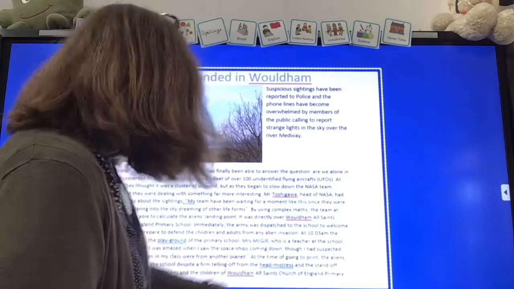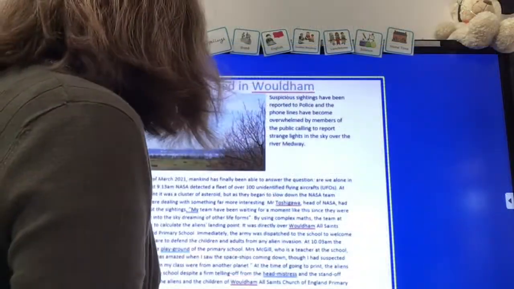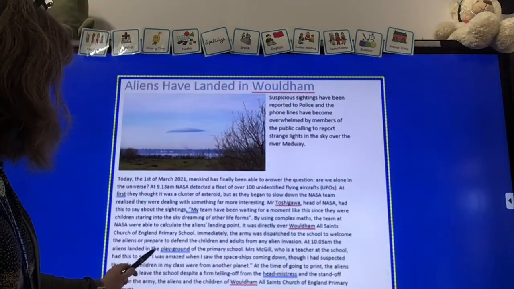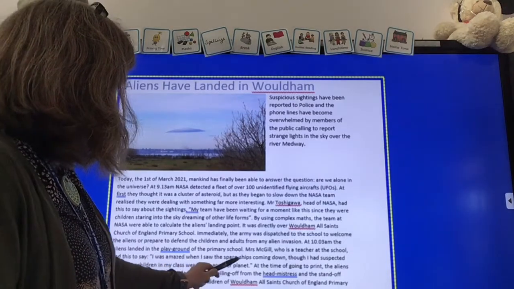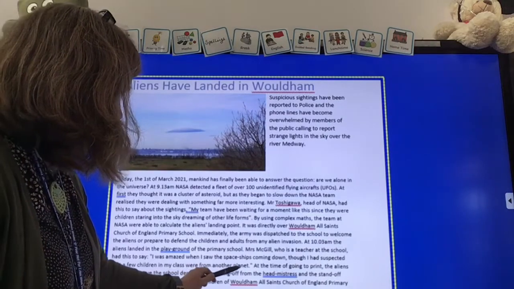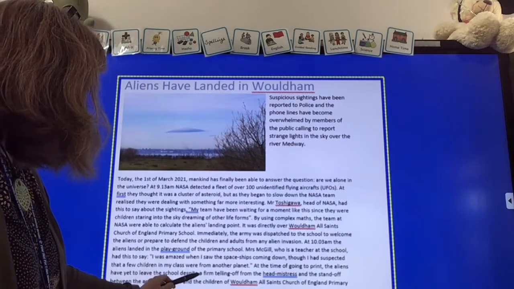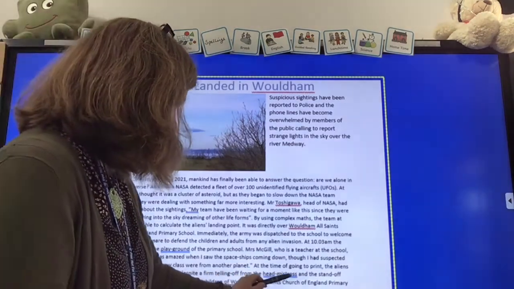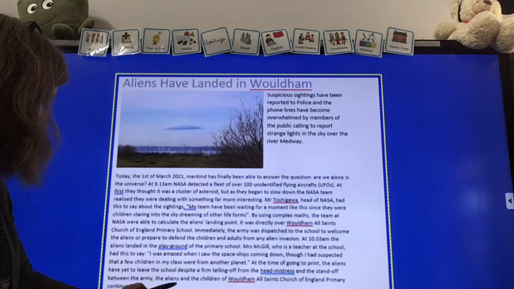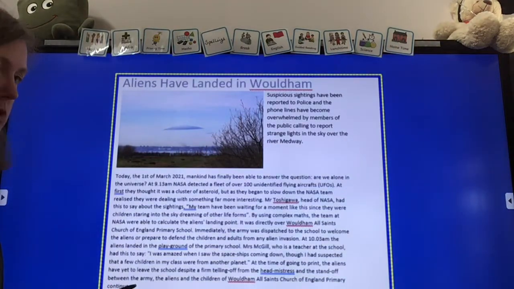At 10:03 a.m., the aliens landed in the playground of the primary school. Mrs. McGill, who is a teacher at the school, had this to say, again. "I was amazed when I saw the spaceships coming down, though I had suspected that a few children in my class were from another planet." At the time of going to print, the aliens have yet to leave the school, despite a firm telling off from their headmistress, maybe that should be something else. And a standoff between the army, the aliens and the children of Walden All Saints Church of England Primary continues.